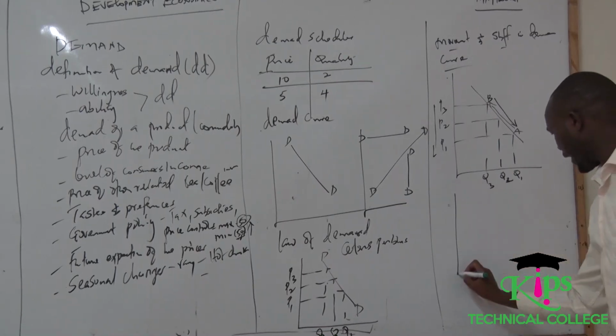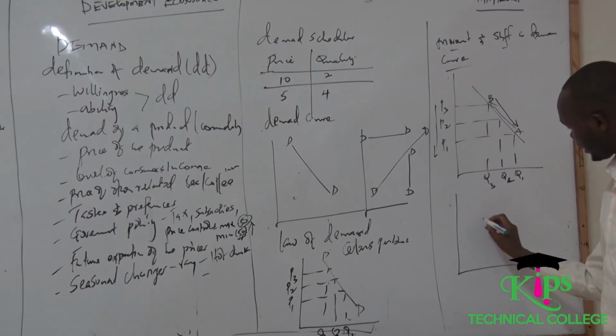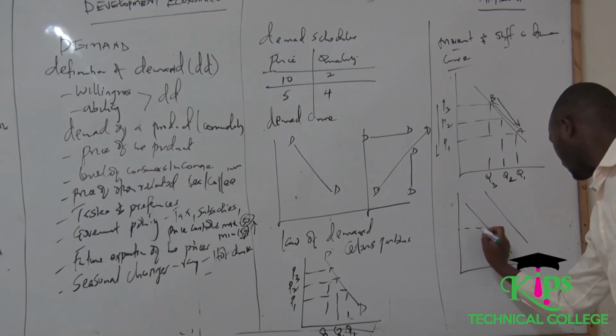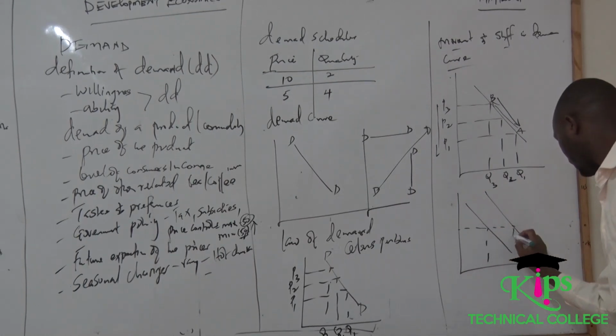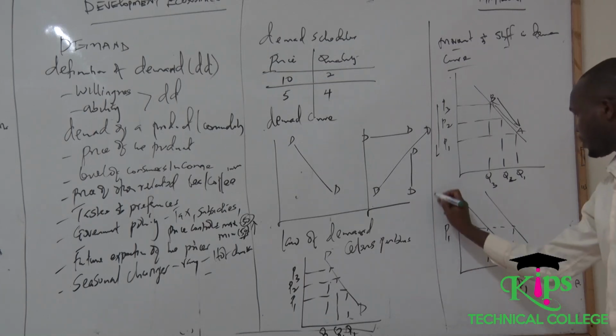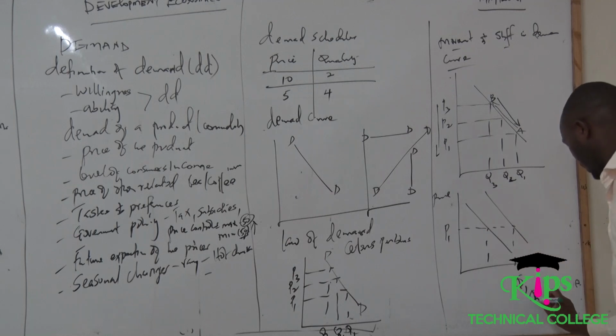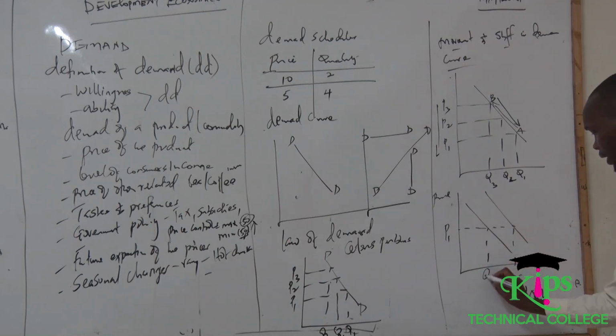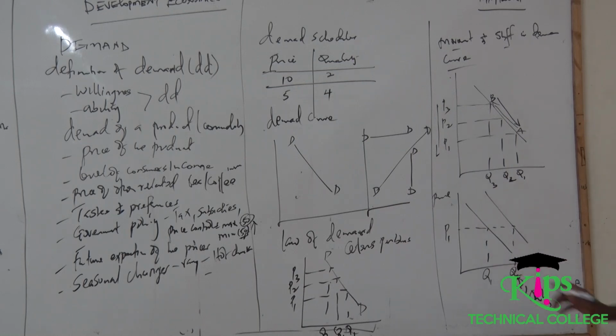Then when it is about a shift, we can have it in this way. In this case, the price is remaining constant, but the quantity being consumed is changing. You can have the original demand curve, D0, and then D1.